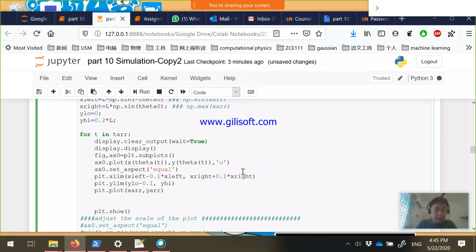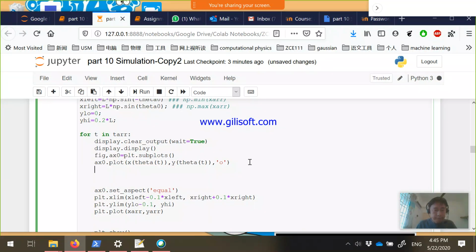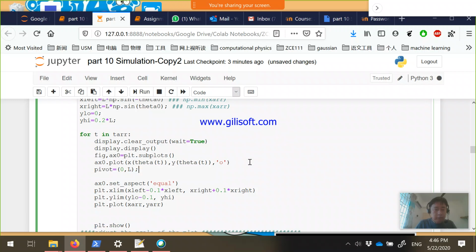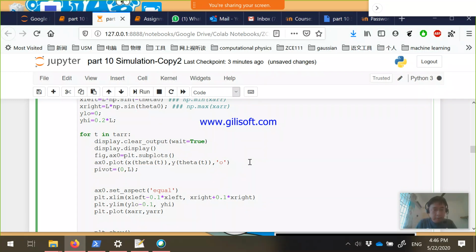Here I have x theta and y theta. I need to put the x of the pivot point and x theta in one group, and I have to put the L and y theta in another group. So let me show you here. I call this XCL, to be two numbers.